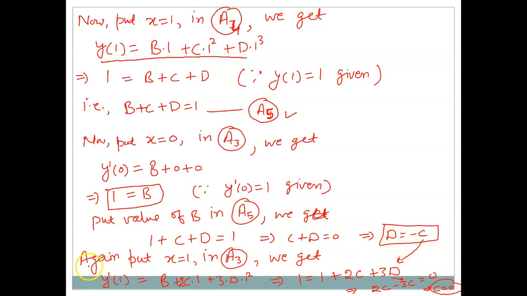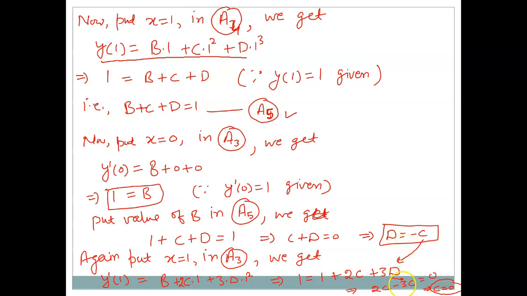Now again, apply the next boundary condition. We put x equal to 1 in A3. We get y'(1) equal to b plus 2c into 1 plus 3d into 1 squared. But y'(1) is again given to be 1. Putting the values over here, we have this form. Here we have already obtained that d equal to minus c.